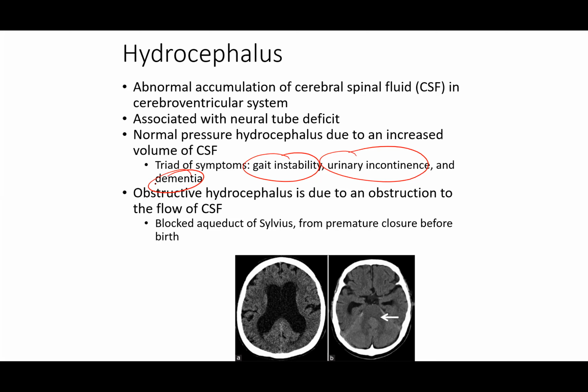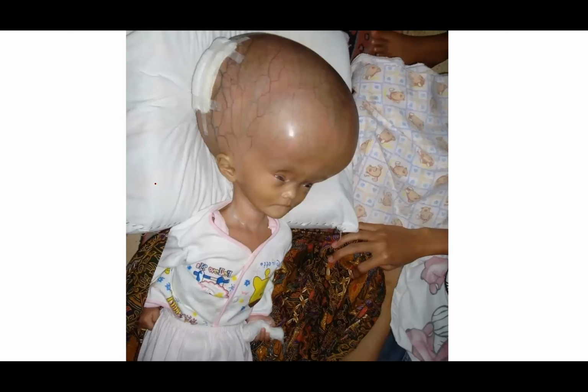Okay, so the excess fluid starts to squeeze in those areas, and because of where those nerves go, you know, that's one reason why the incontinence and gait can be affected.